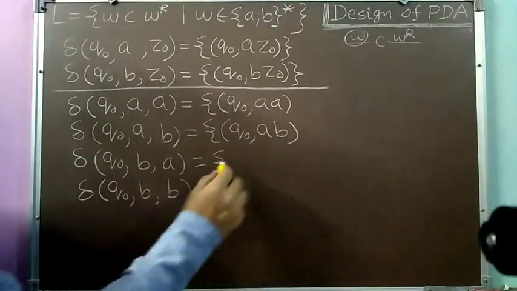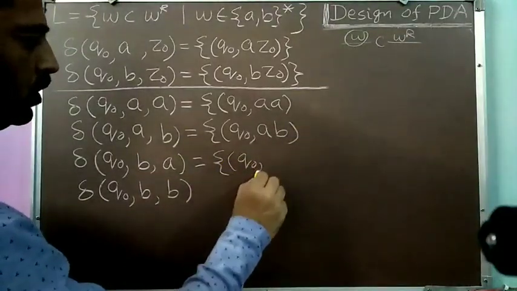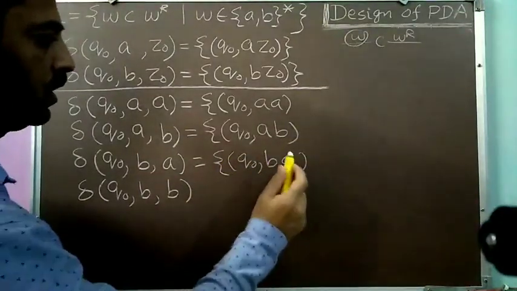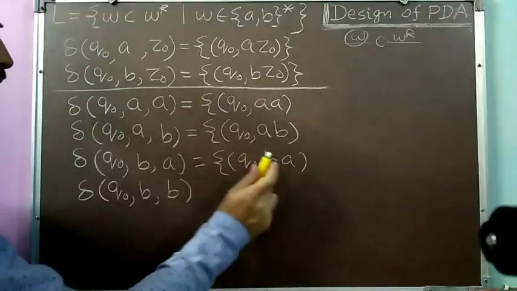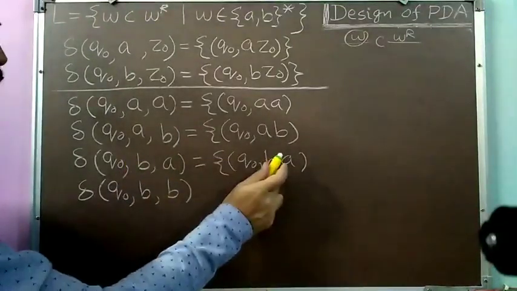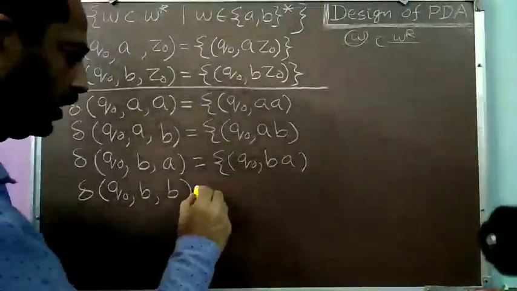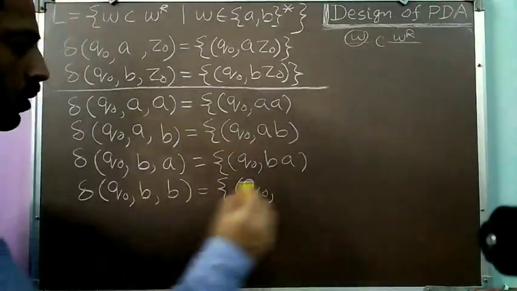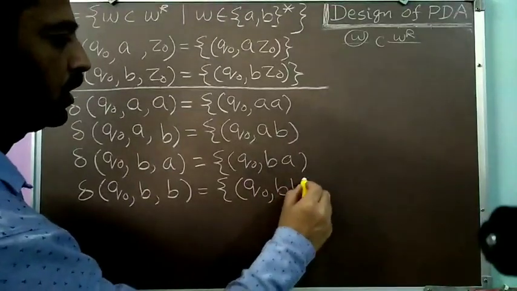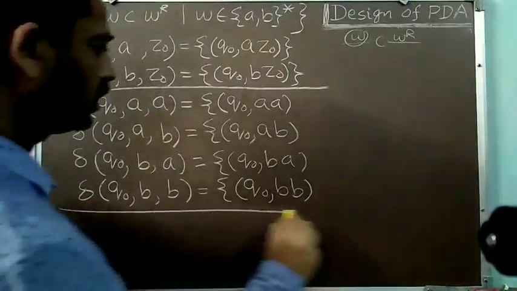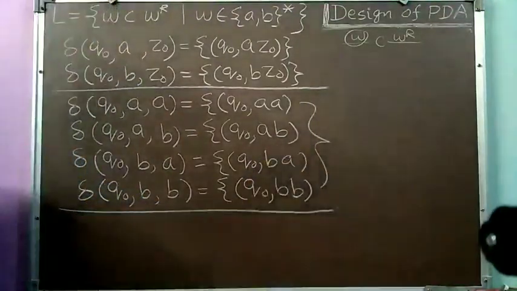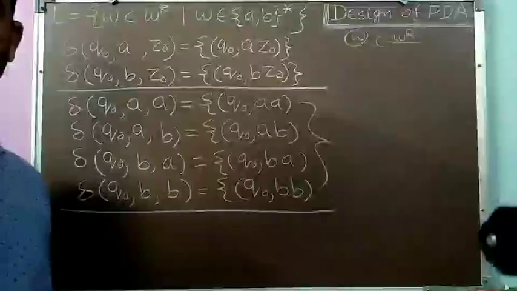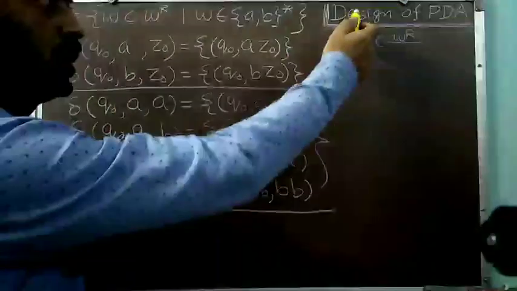We have to push this B. So in Q0 we will write BA, this A to maintain the stack, and this B which we are reading in the input, so that we are pushing over the stack. Similarly here also we will write Q0 B.